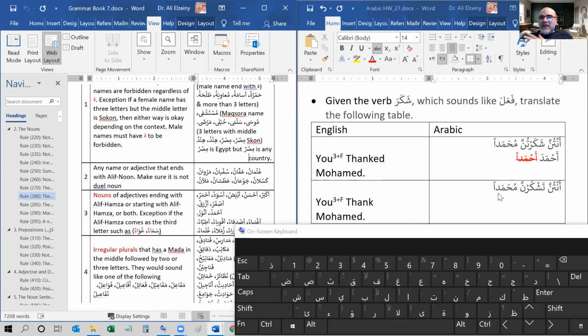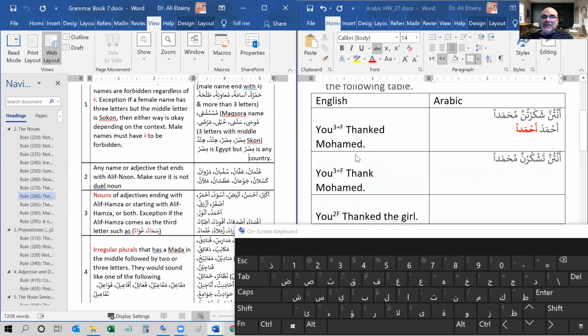Just keep in mind that Ahmed sarf is forbidden, unlike Muhammad where sarf is allowed. So Ahmada is correct, Ahmadan is wrong. Okay, now let's do you thank Muhammad.